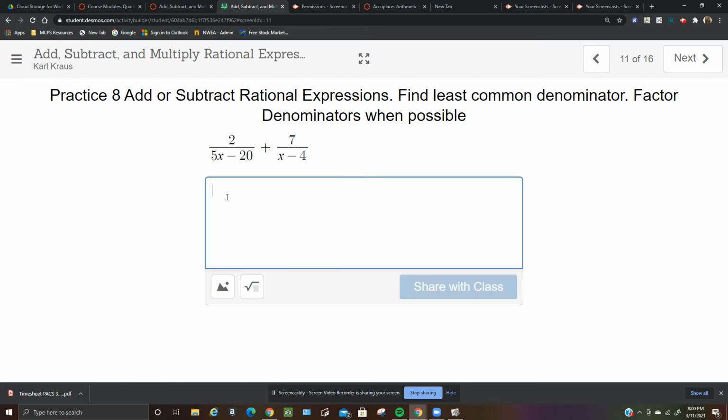And then the denominator's factored here. So you have 5 times x minus 4 and x minus 4. The LCD, then, is 5 times x minus 4.